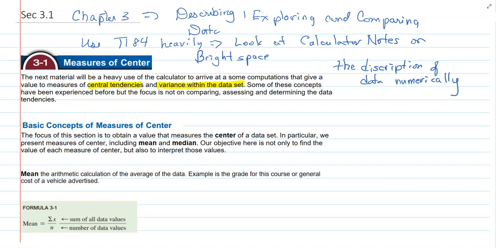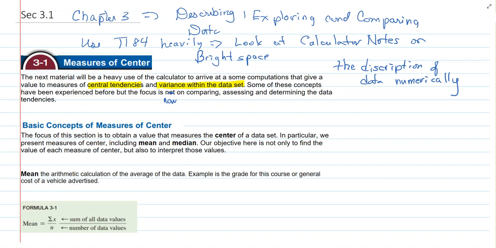Some of these concepts have been experienced before, but the focus is now on comparing, assessing, and determining the data tendencies. So we're going to talk first about some of the characteristics. And this is the center of a data set.